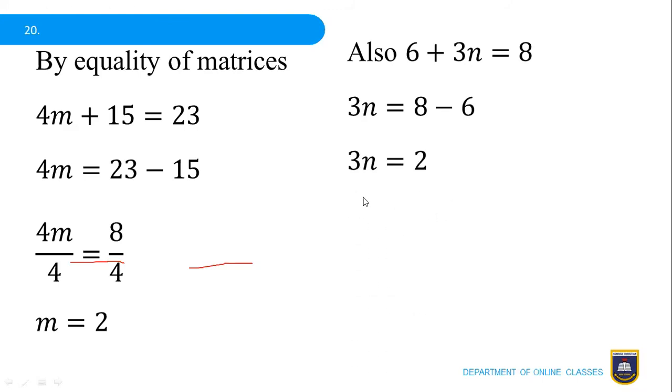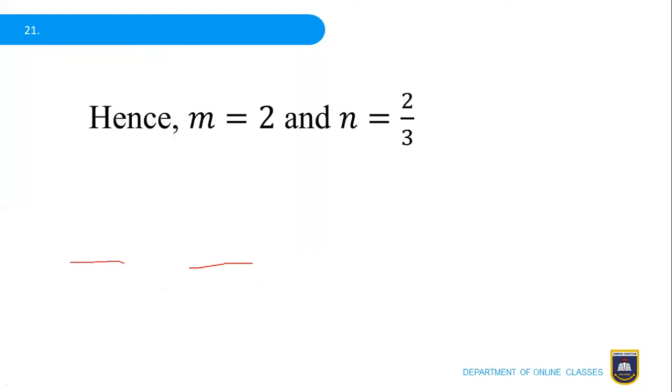And 3n will now be equal to 2. We want to solve for n, so we divide through both sides by the coefficient of n, which is 3. So 3n divided by 3 equals 2 divided by 3, and that gives us n equal to 2 over 3. So your final answer, your conclusion, is m equal to 2 and n equal to 2 over 3.